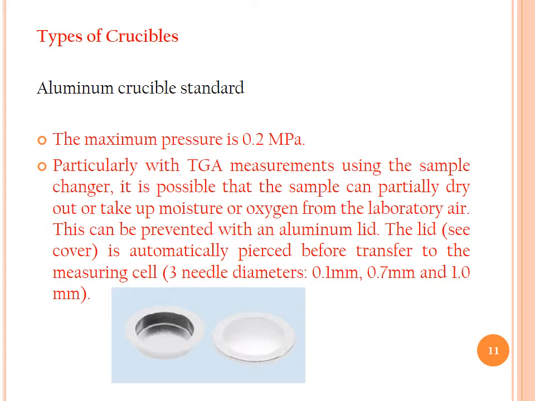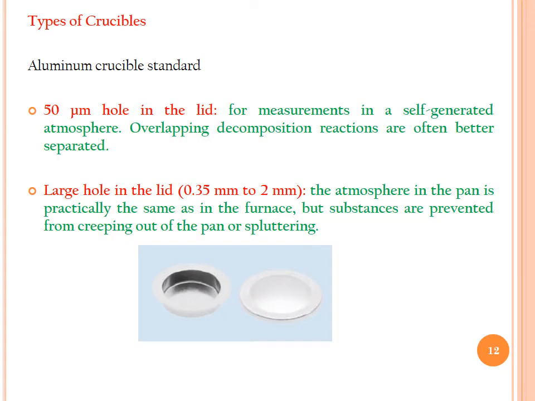Three needle diameters: 0.1 mm, 0.7 mm and 1.0 mm. These are the dimensions of the measuring cell. Now continue with aluminium crucible standard. A 50 micrometer hole in the lid is to be placed for the sample inside the crucible for measurement in a self-generated atmosphere.